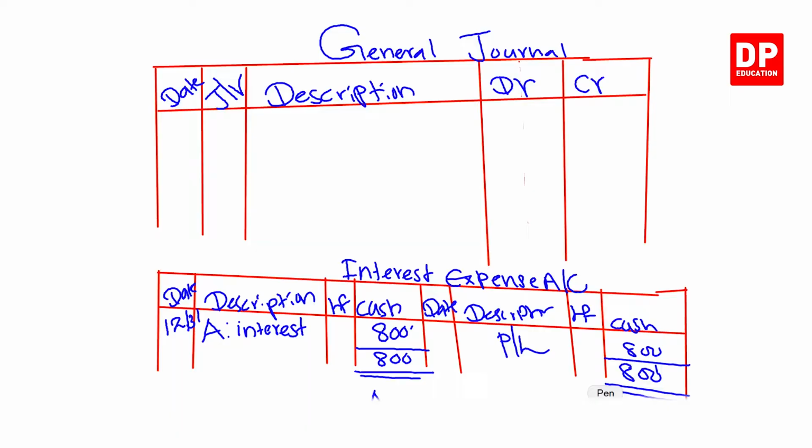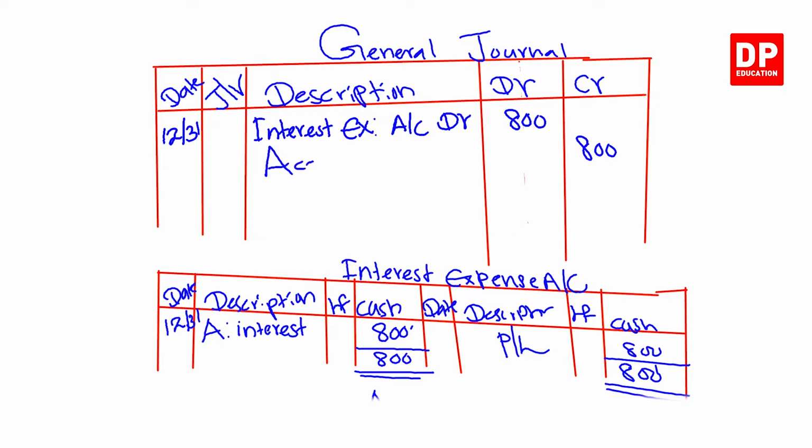Like this: 12/31, interest expense account debit 800. Accrued interest account credit 800.